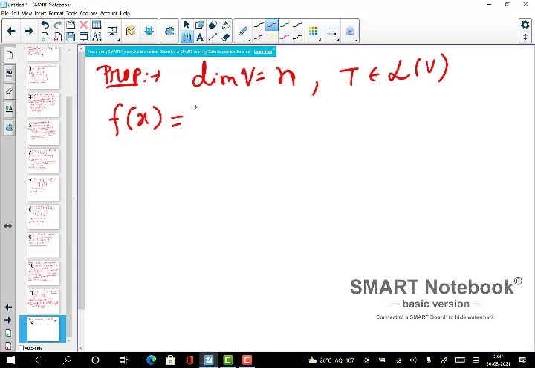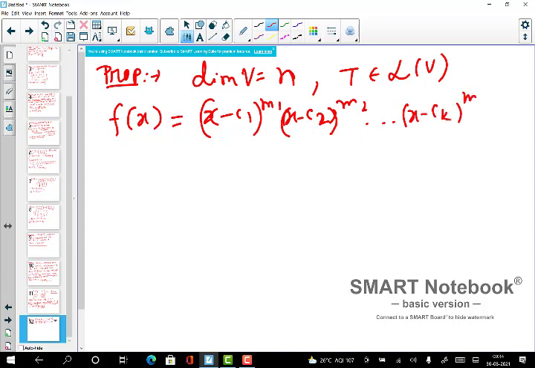So we know only that there are eigenvalues, for example maybe x minus c1 to the power m1, x minus c2 to the power m2, something like that, up to x minus ck to the power mk.